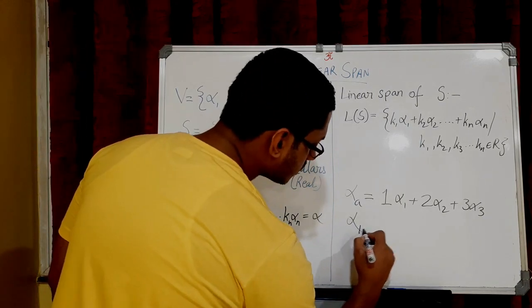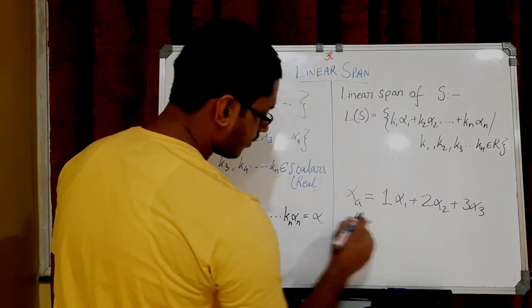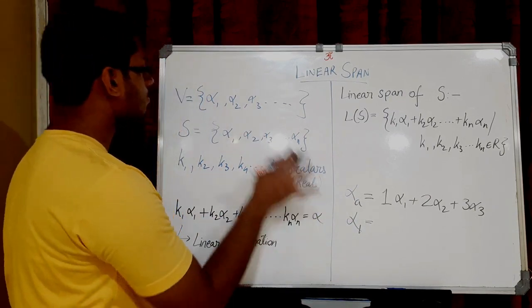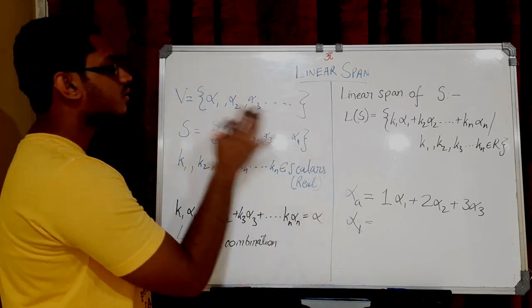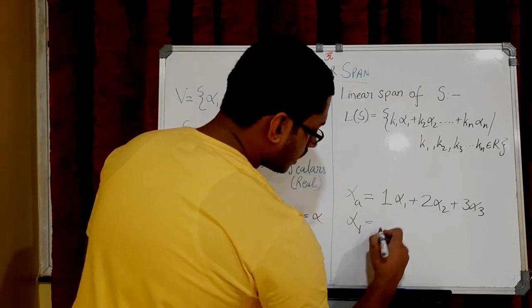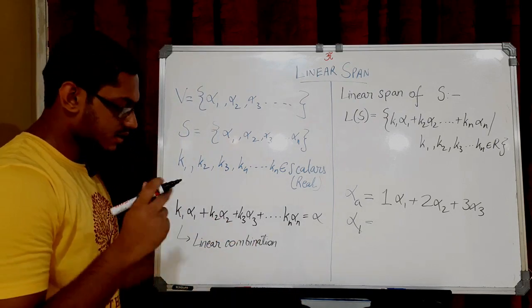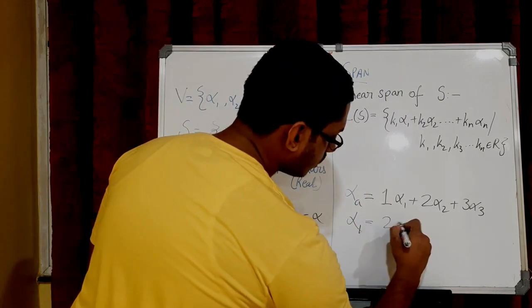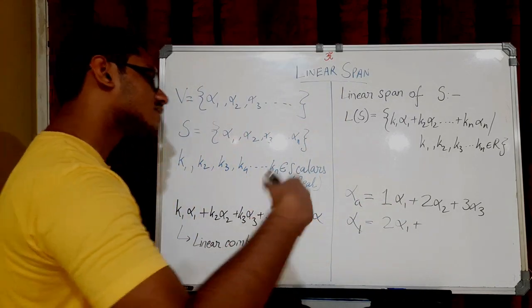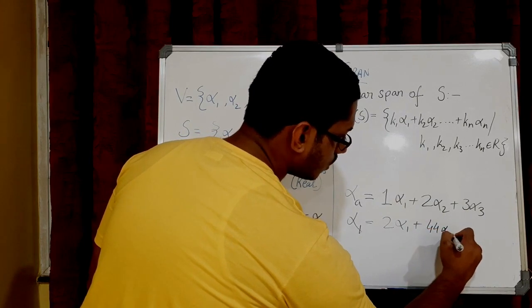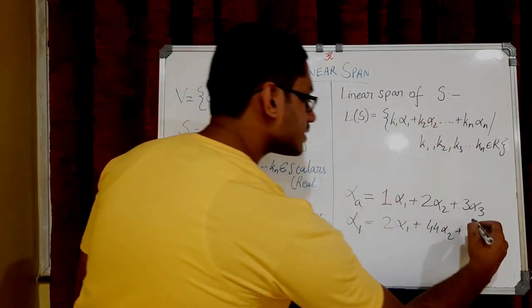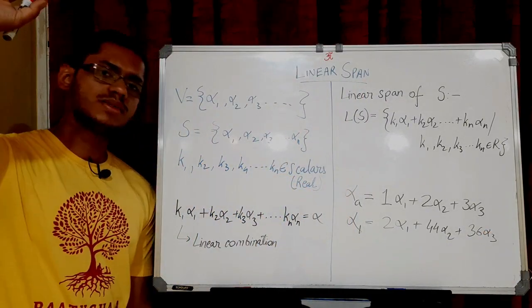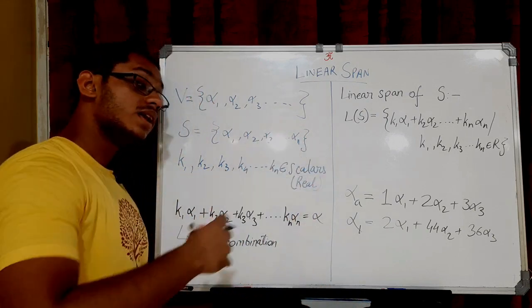Let us consider another vector alpha b, which is also part of vector space V, like 2 alpha 1 plus 44 alpha 2 plus 36 alpha 3.